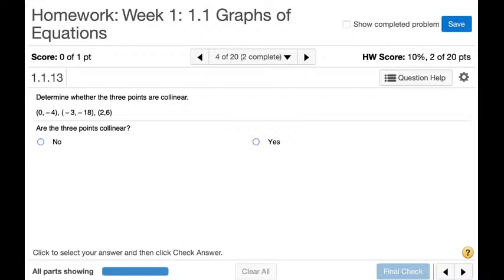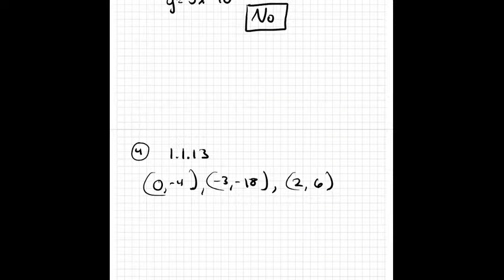So this is number 4. It comes from 1-1-13. I'm going to say (0, -4), (-3, -18), and (2, 6). I'm going to do the same thing. Let me show my notes. So I'm going to go here, show my notes.